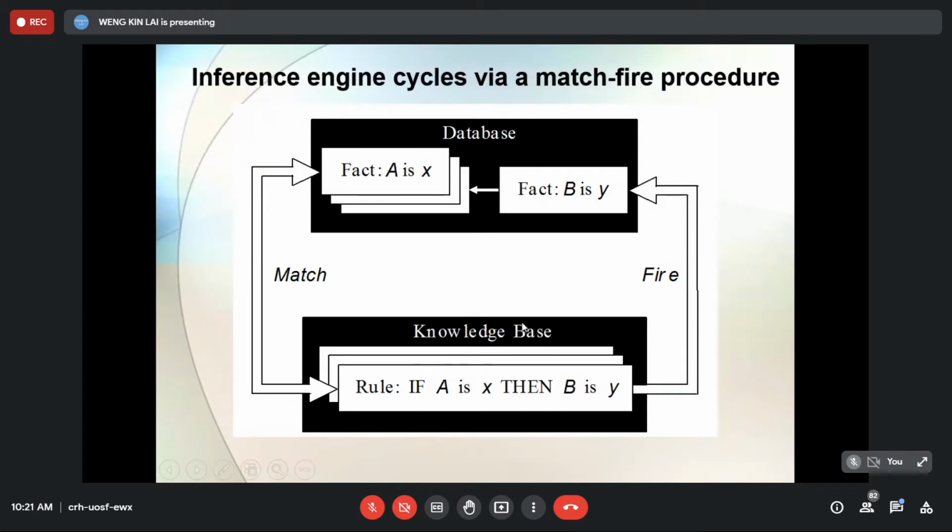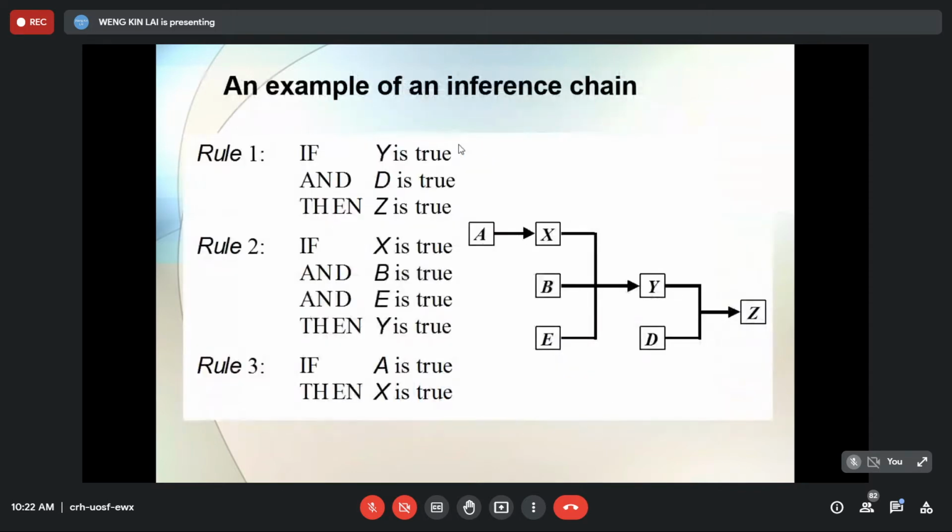So these rules are not randomly generated. They must be generated based on the expert's knowledge. Then if the fact is matched, so if A is actually X, then this rule will fire. And when it fires, you assign a value of Y to B. It's fired. So you can see it's one way, right? This is your output. So this is a visualization, or graphical representation, of your inference engine.